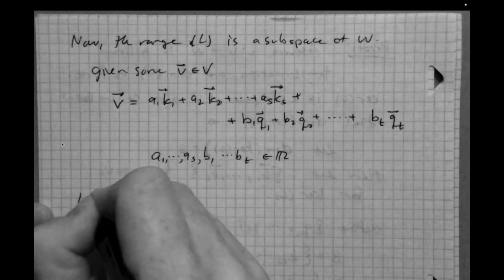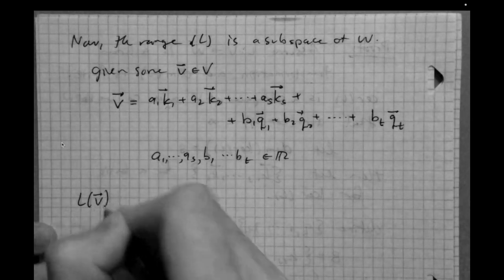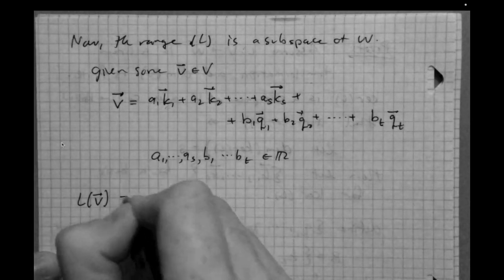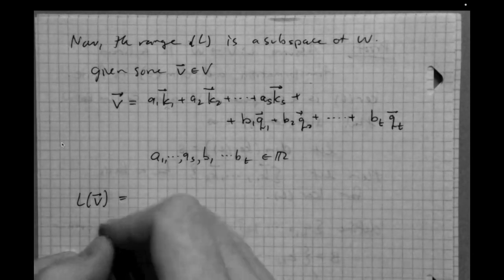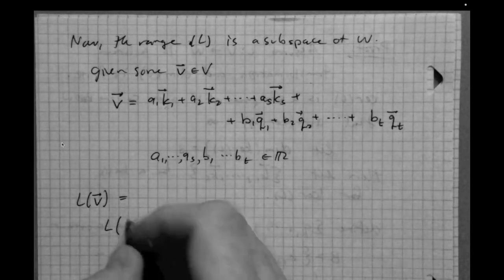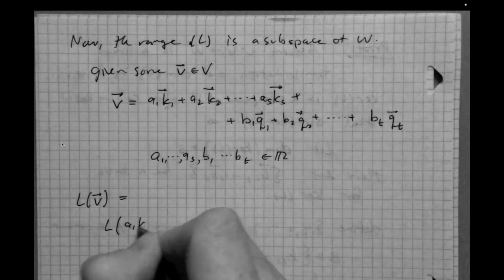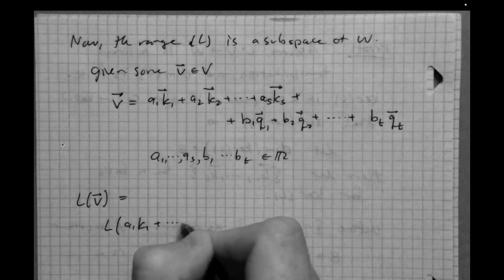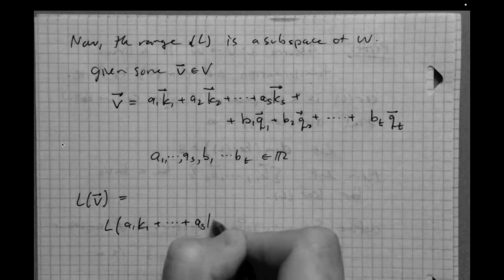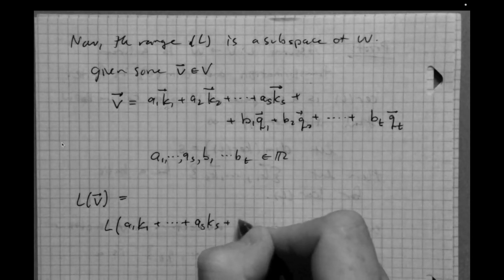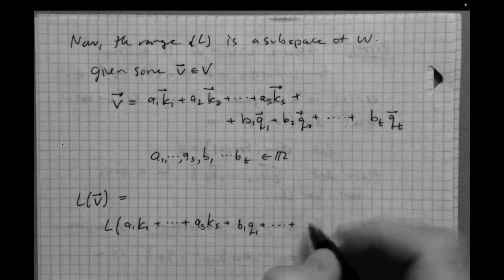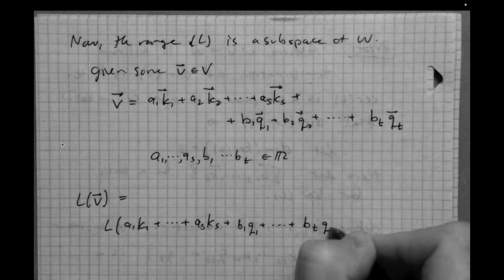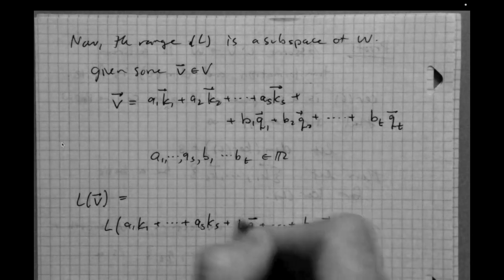If I plug V into the linear transformation, then I'm plugging in this linear combination. So that's just going to be L of A1 K1 plus ... plus AS KS plus B1 Q1 plus ... plus BT QT. These are all vectors.